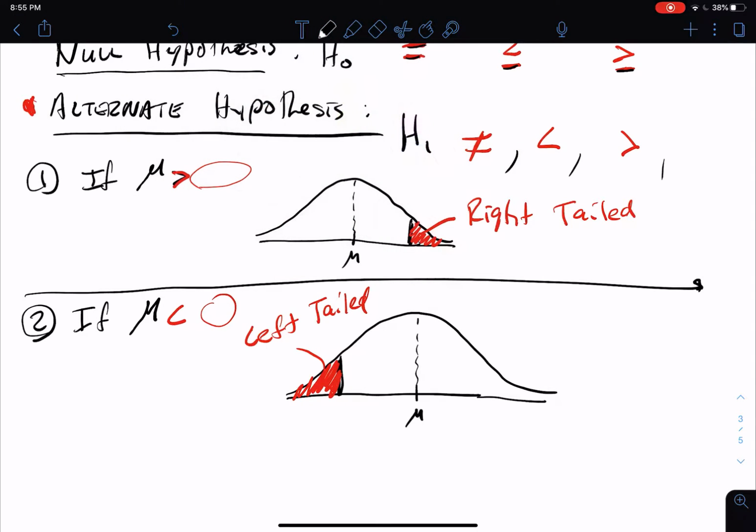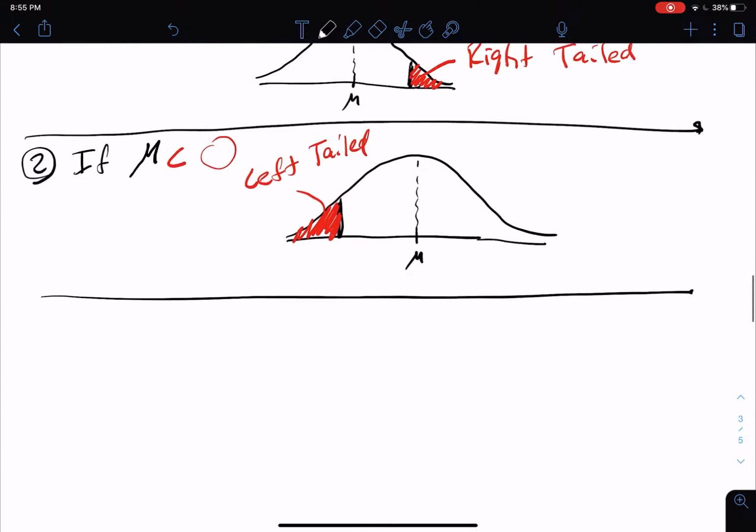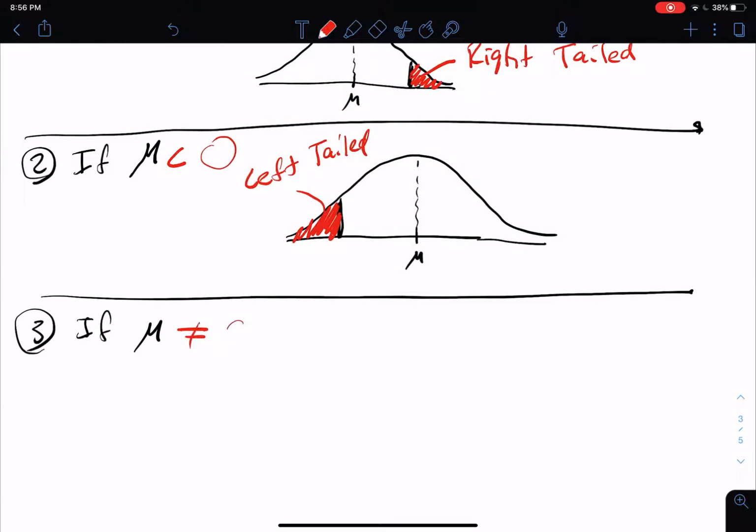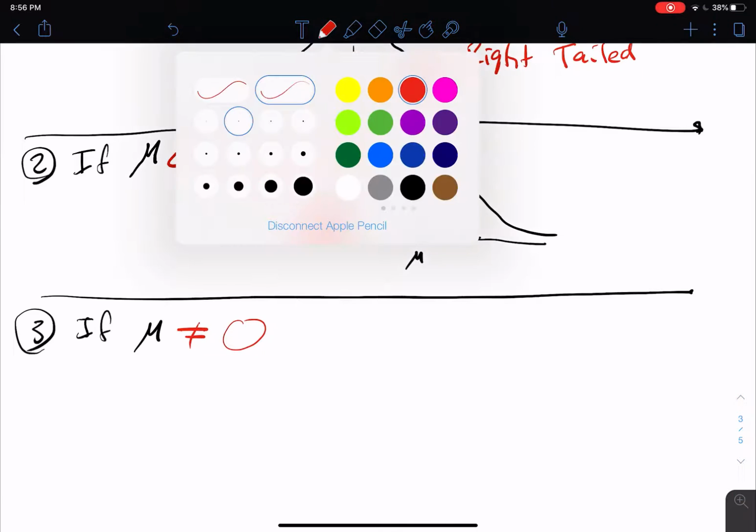Okay, and then the last option is number three. What if mu is not equal to whatever we're talking about? What does that picture look like?